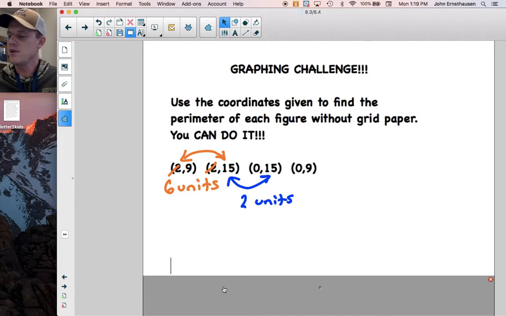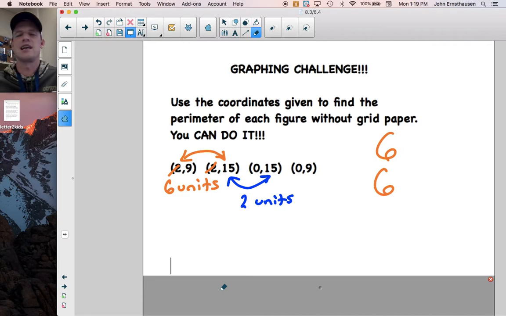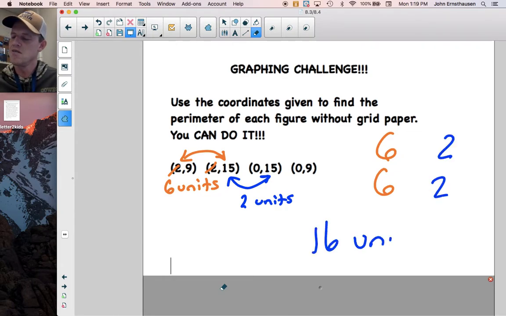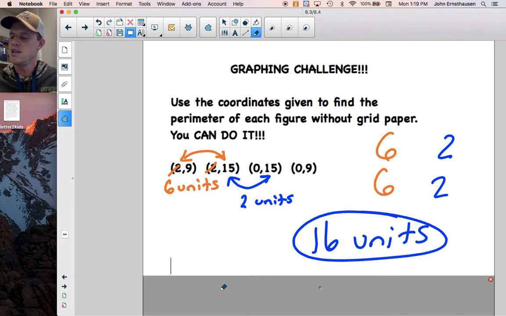If one side of the rectangle is 6 units, the other side of the rectangle is 6 units. And if one side of the rectangle is 2 units, the other side of the rectangle is 2 units, which means that the total perimeter would be 16 units of that rectangle. Okay, not something you'll be quizzed on, but it is something that's pretty cool if you can do.